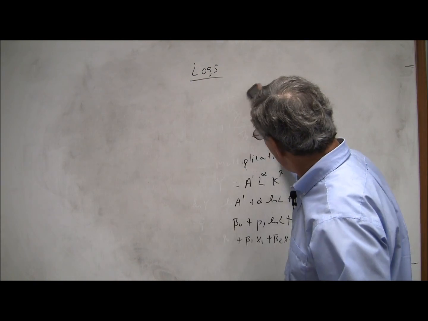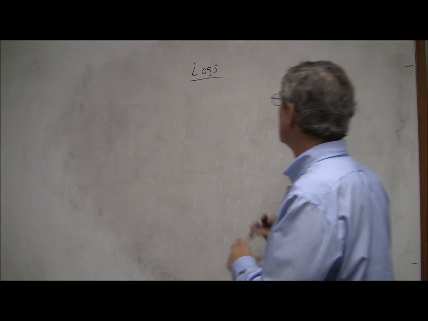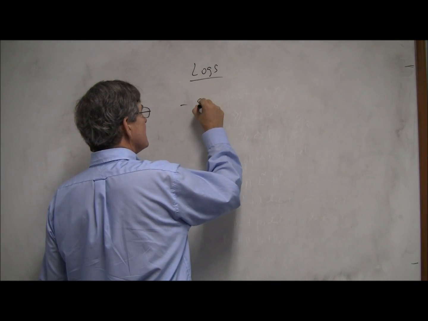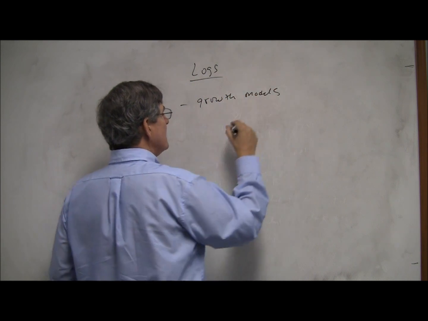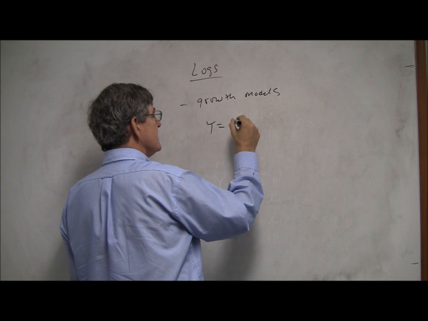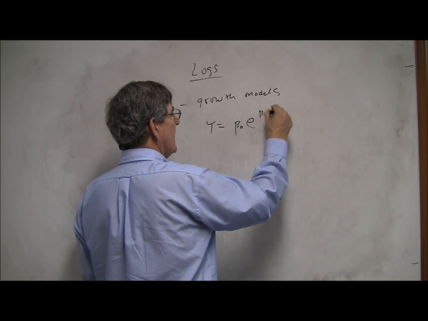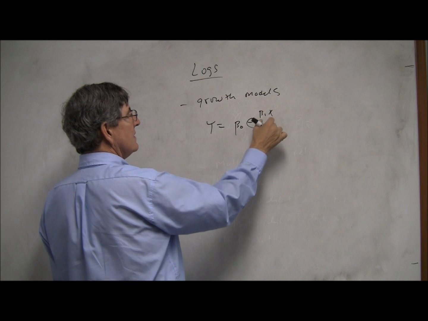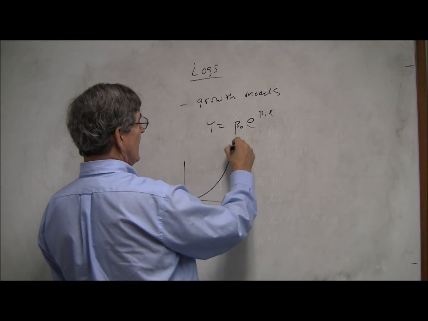And the third way in which logs are useful is for growth models. When you do growth, it's like y is, say, beta naught e to the beta 1 x. This is basically the growth rate, and so this will grow at an exponential rate over time.